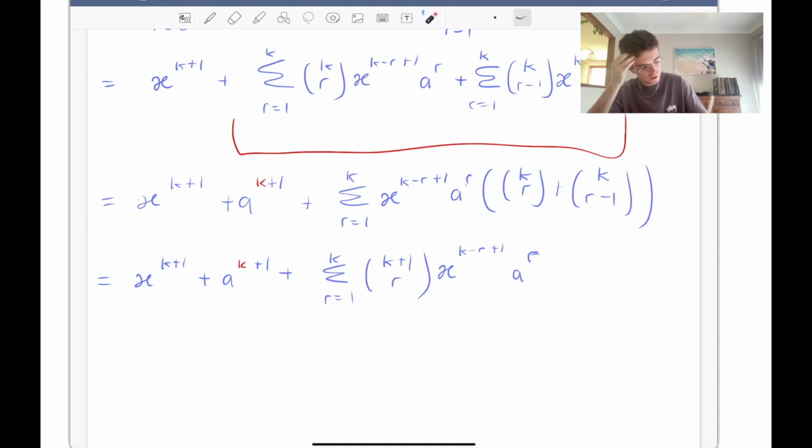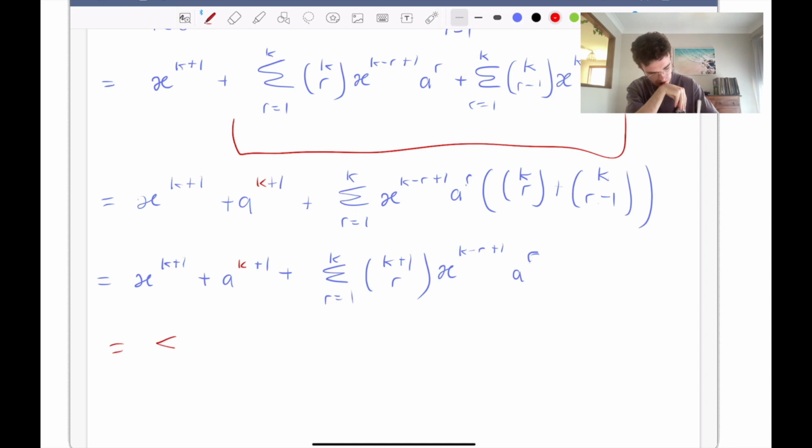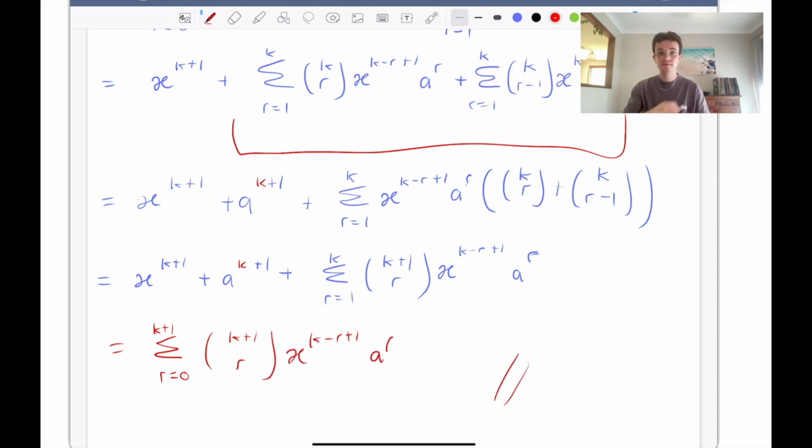So this is the first term, and this is the last term. So we can make the first term r is 0 and the last term r is k plus 1, and we can put it under one big summation. R is 0 to k plus 1 of k plus 1 choose r, x to the k minus r plus 1, a to the r. Done. That was very tricky.